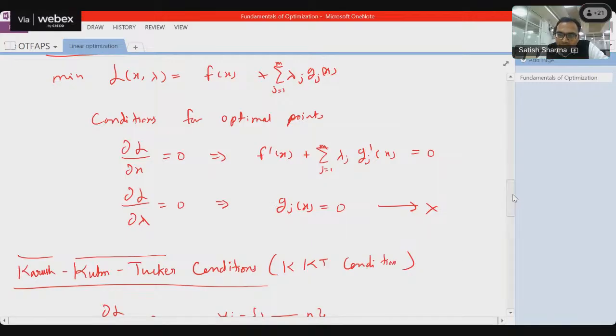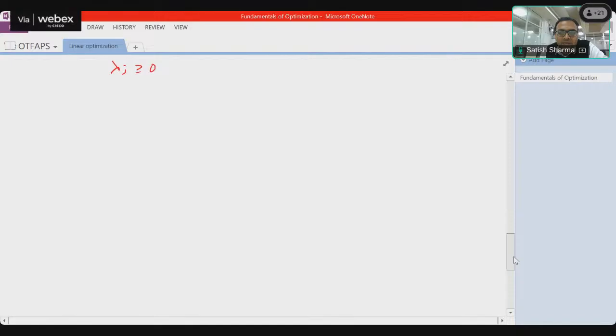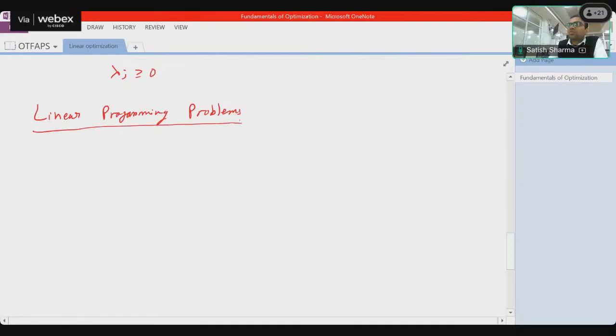Now, this is so far for constraints, whenever a derivative is possible. If a derivative is possible, I can easily solve the particular problem. Now, if I look at linear programming problems, in linear programming problems, if you take the derivative, only constants remain, and in that case, you won't get any solution out of it.